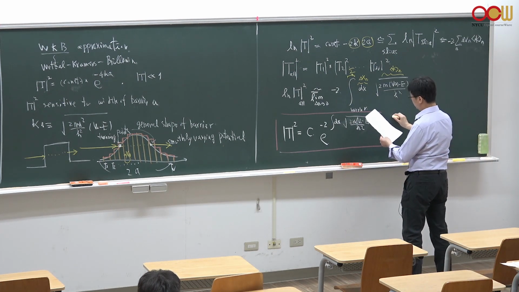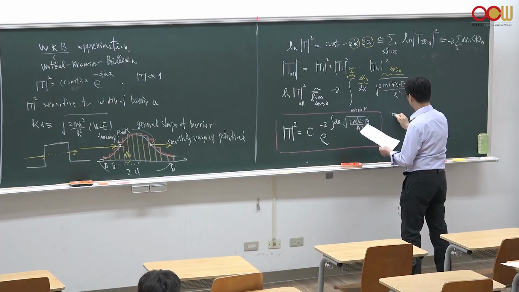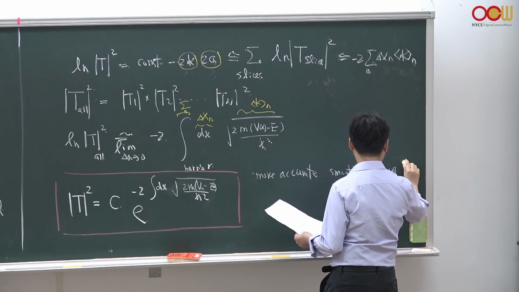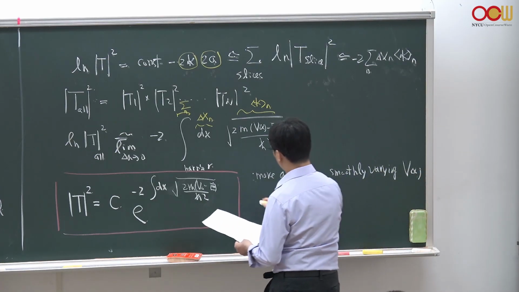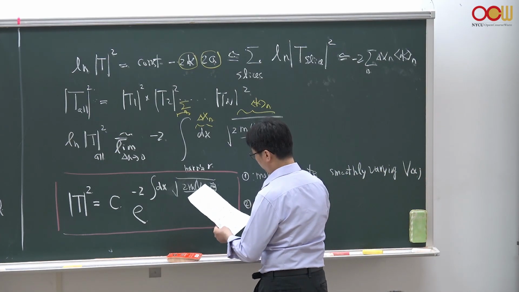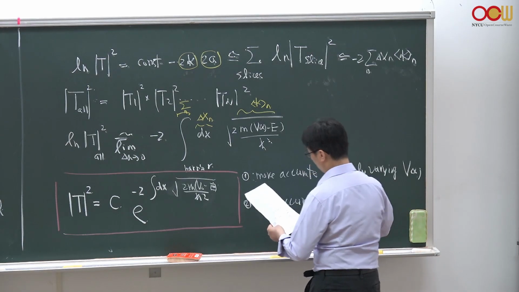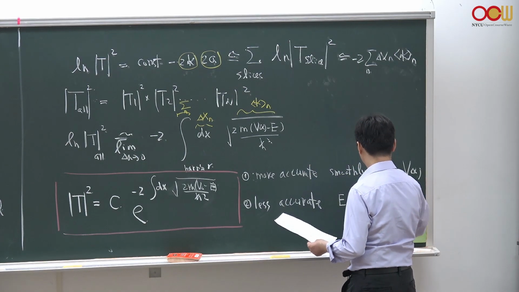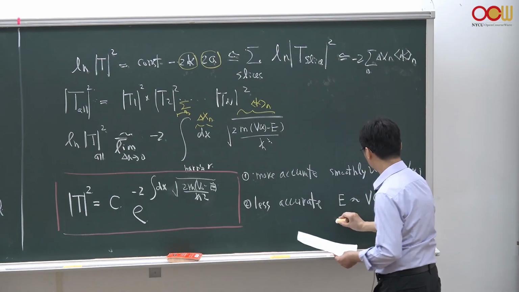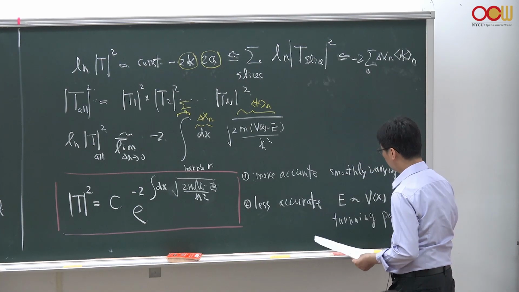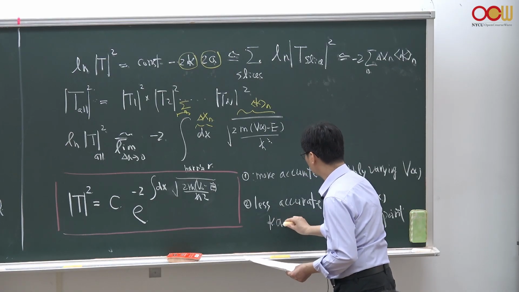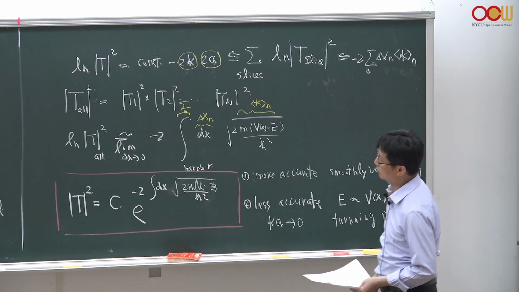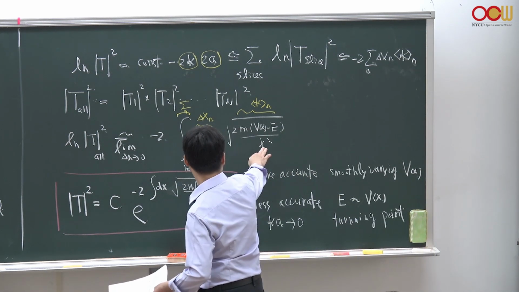This approximation is more accurate for a smoothly varying potential. But it is less accurate when the energy is close to the turning point, close to V of x, because there kappa times A is really, really small. Because kappa, remember, is this value, right?